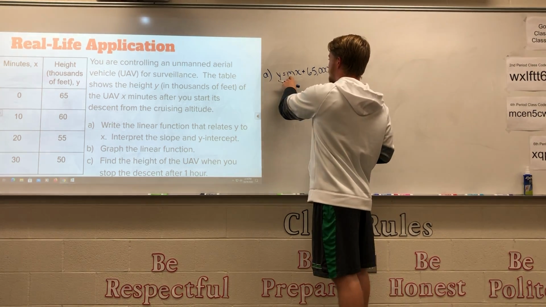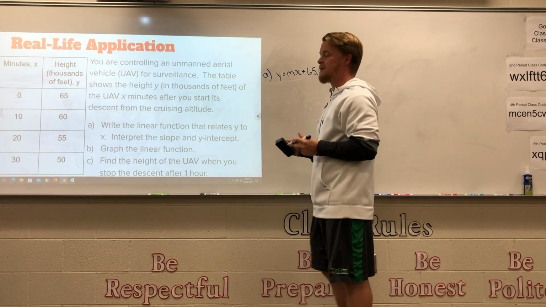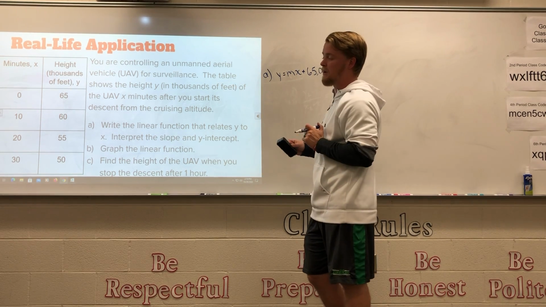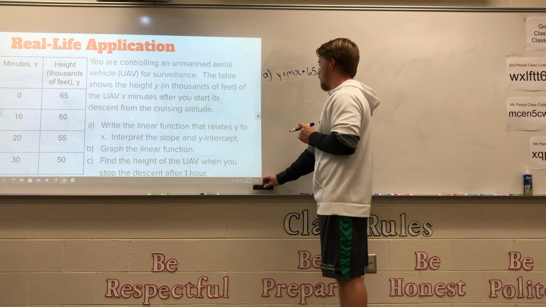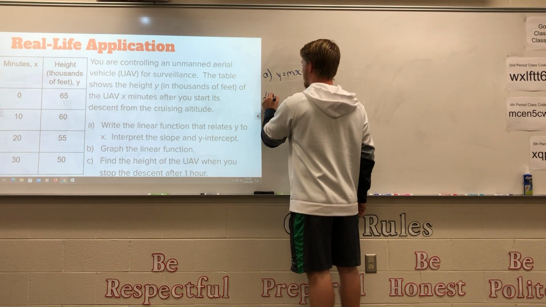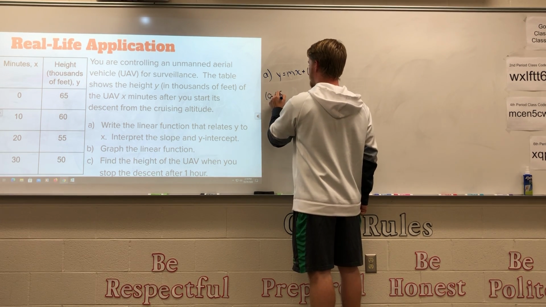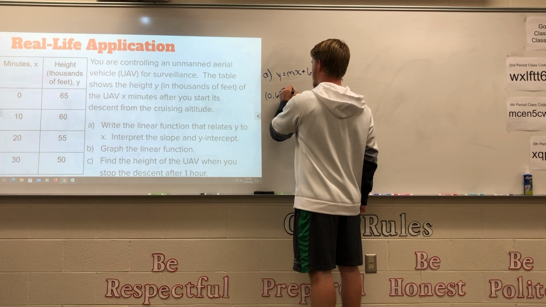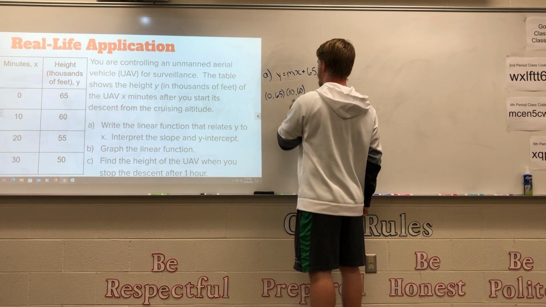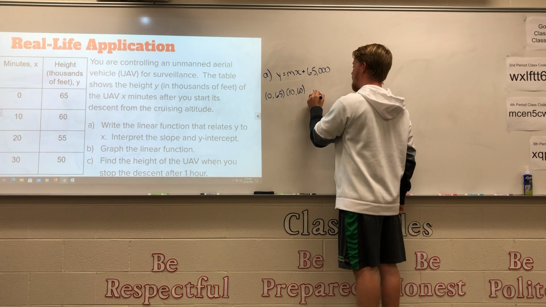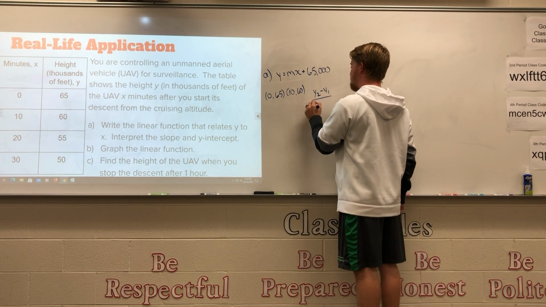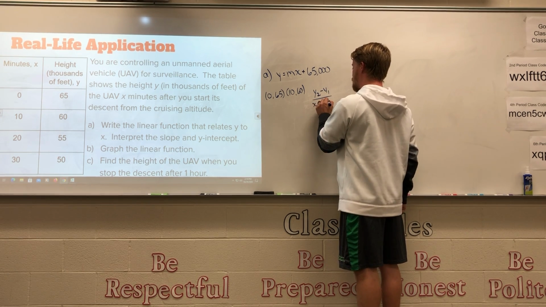Then for m, remember slope, you're just doing it the same way. You're going to pick out 2 points, find the slope. The 2 points I'll pick out are (0, 65) and (10, 60). y2 minus y1, hopefully you have this down by now, over x2 minus x1.